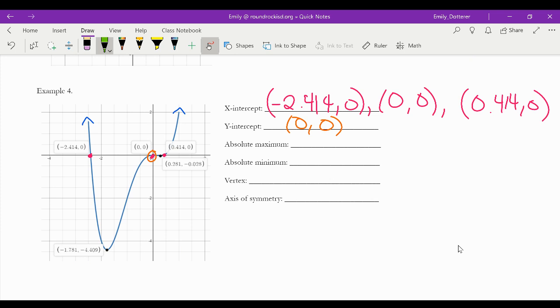Over here, we've got a minimum. We have an absolute minimum at -1.781, -4.409.